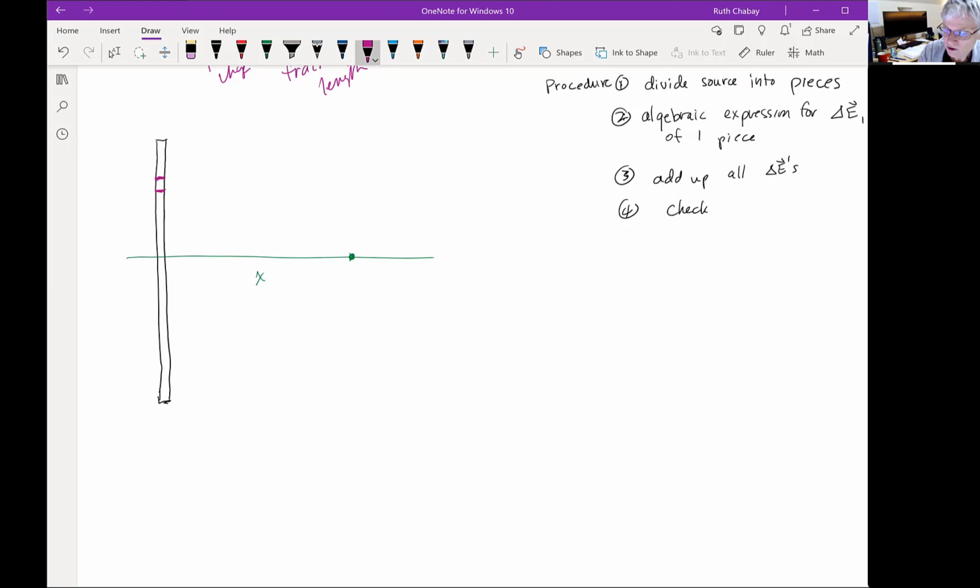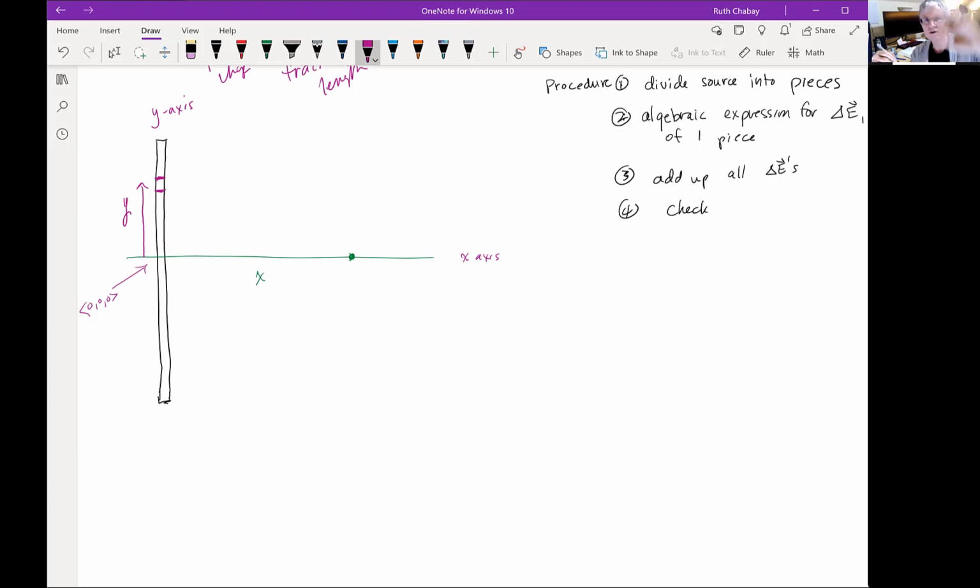And so presumably we're going to have a coordinate system where this is our x-axis and this is the y-axis, and we might as well put the origin at the center. And so therefore, the location of this piece is just going to be y, which is our variable, because we need to add up all the pieces.